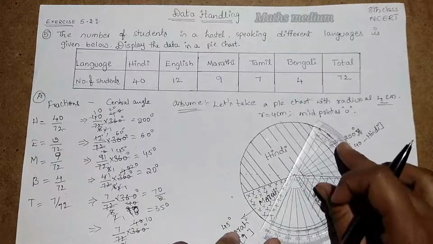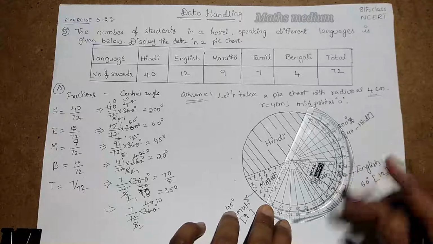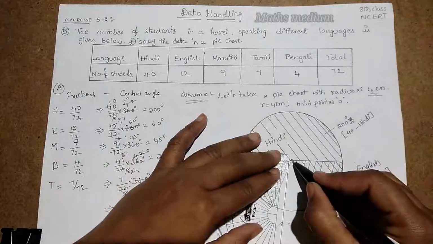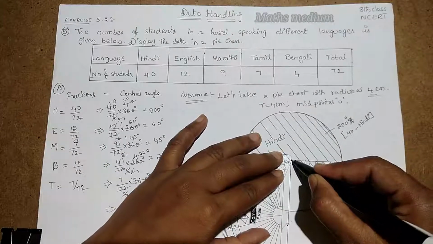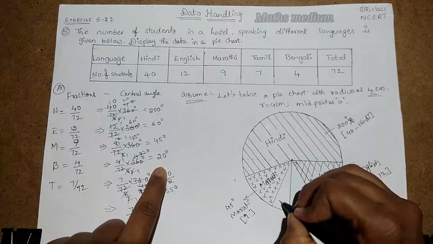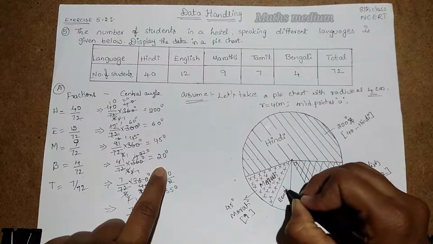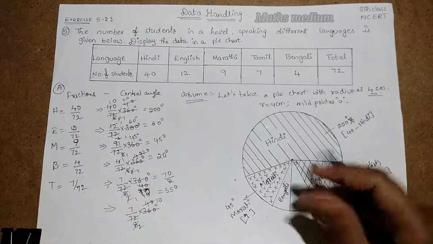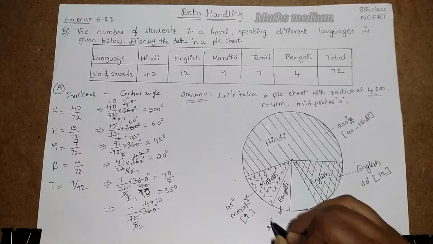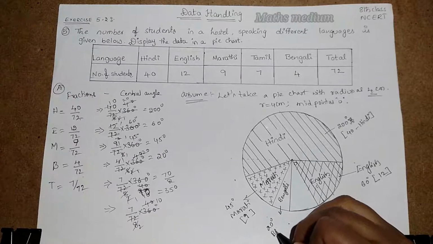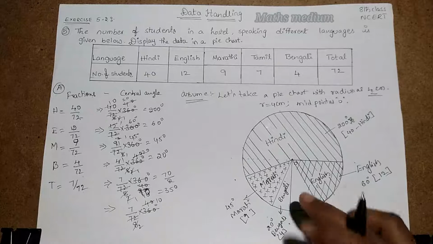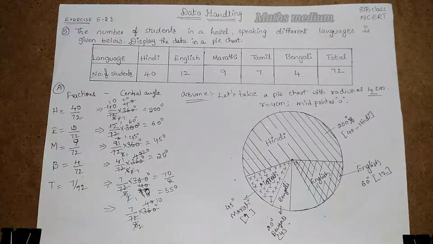So from this line take 20 degrees. So this is the 20 degrees line, and make a line here. It is Bengali. I am keeping it empty. So it is Bengali, 20 degrees, with 4 people.